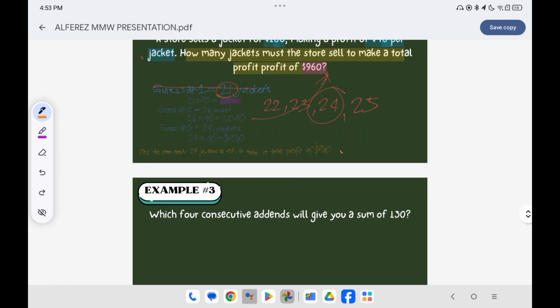That's the answer for the number 2 problem.